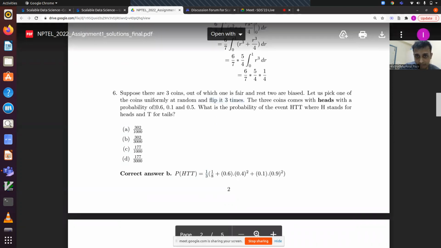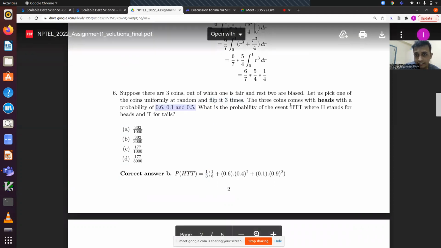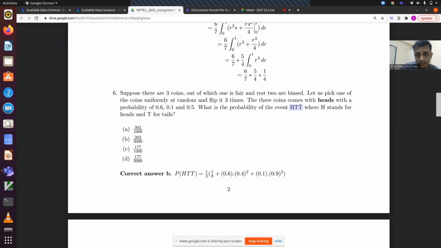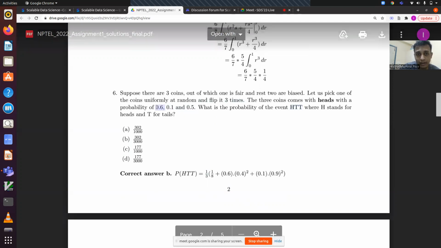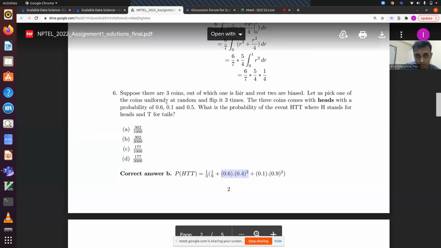The probability of heads is given for the 3 coins, and the event is HTT, heads, tails, tails. If I randomly choose the first coin, what is the probability of HTT? The probability of heads is given as 0.6, so it is 0.6 into 0.4 into 0.4 for the first coin.